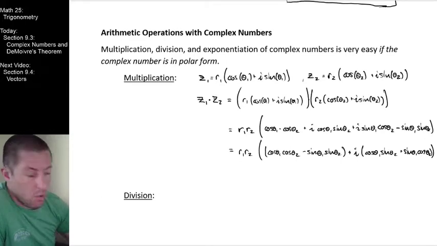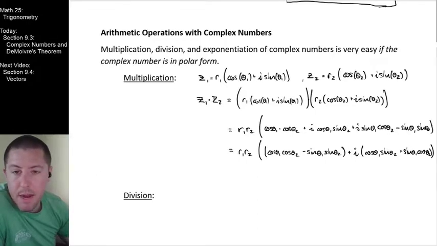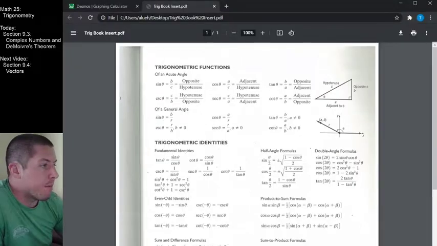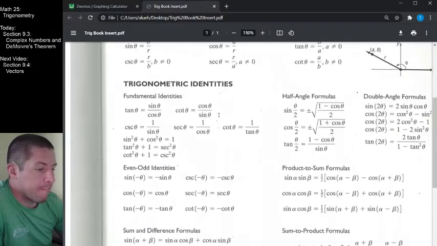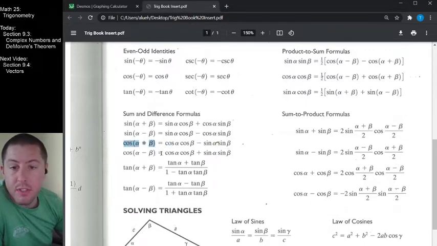So our first grouping of terms looks like cosine, cosine minus sine, sine of their respective angles. And I've seen that before. There it is. Cosine, cosine minus sine, sine is really the sum formula for cosine. That's cosine of theta 1 plus theta 2. So I've got my first term here.